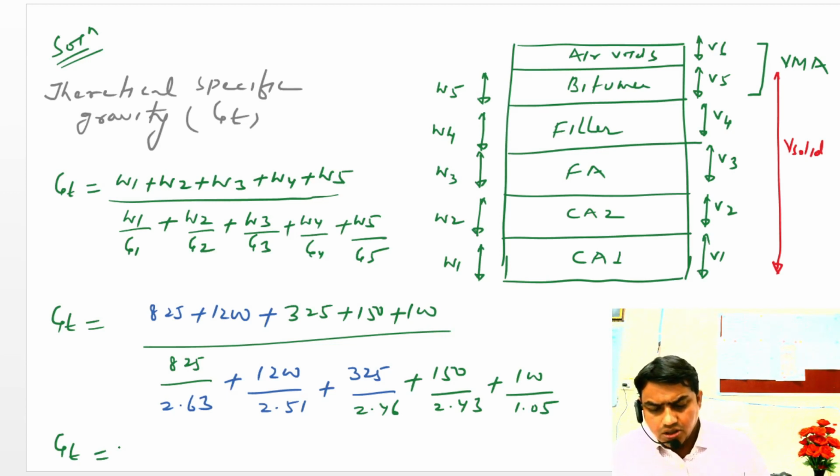So this value is coming 2.41. Theoretical specific gravity is 2.41.